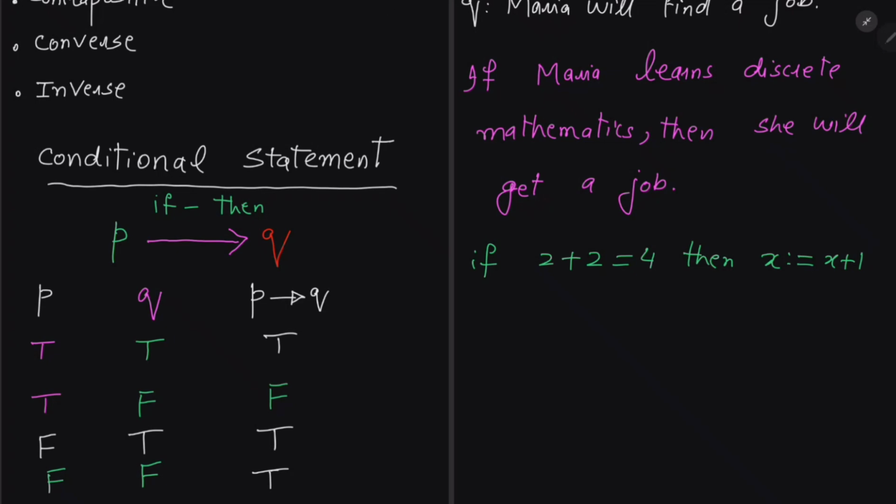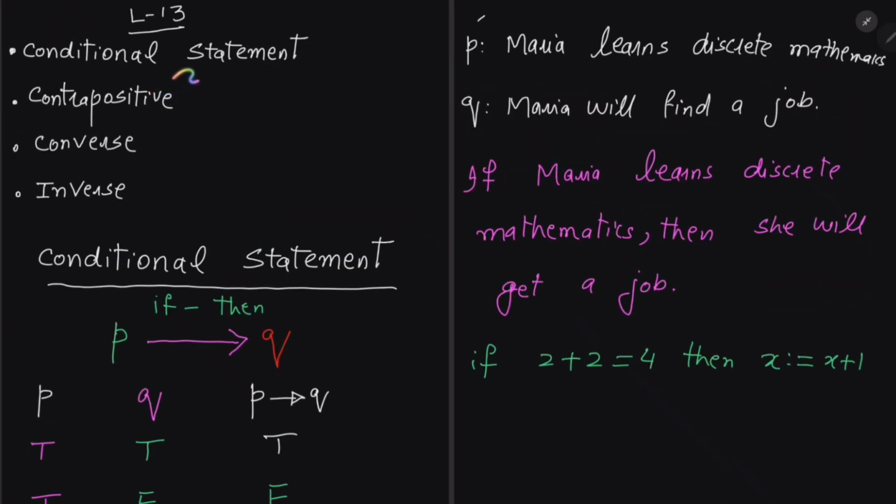It just says that if one condition is true, it means that 2 plus 2 is 4, then you can add something to x. So this is another example of conditional statement. Now we move to our another topic, which is contrapositive. So what is contrapositive?